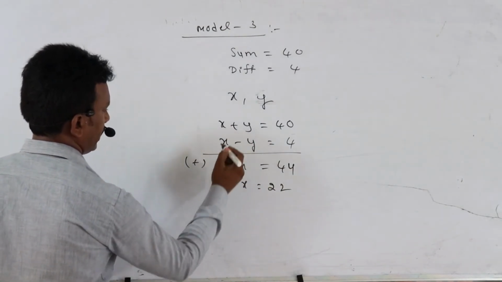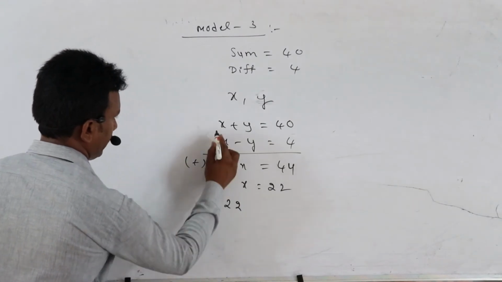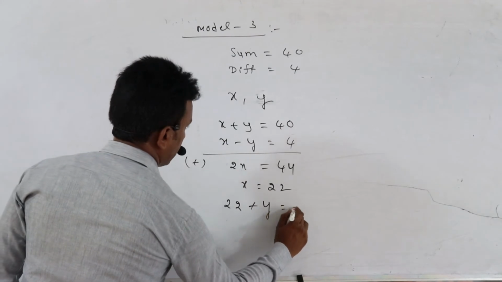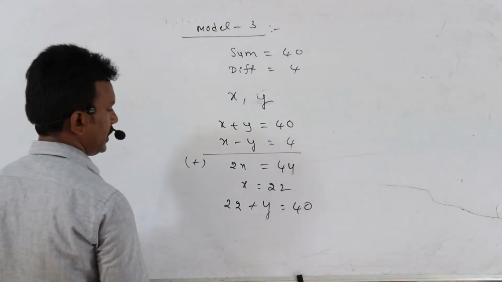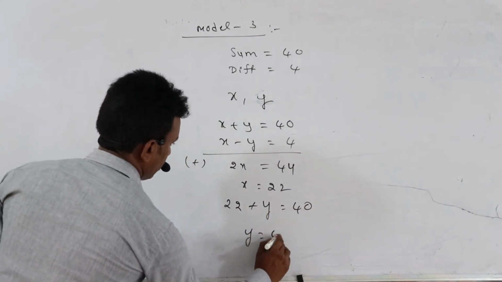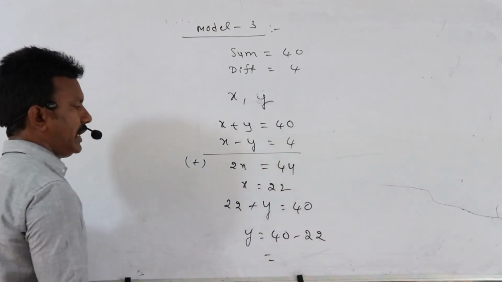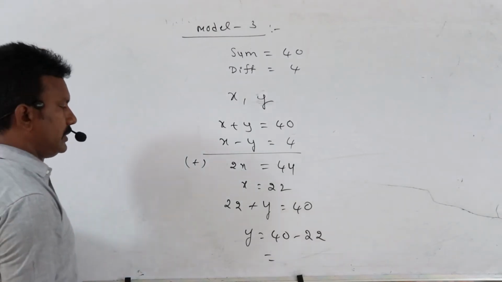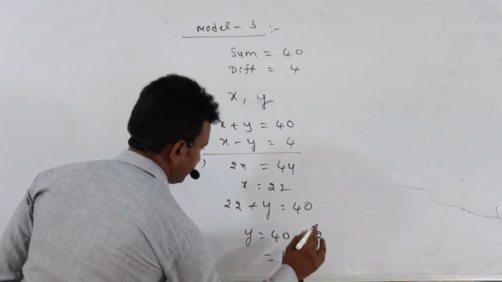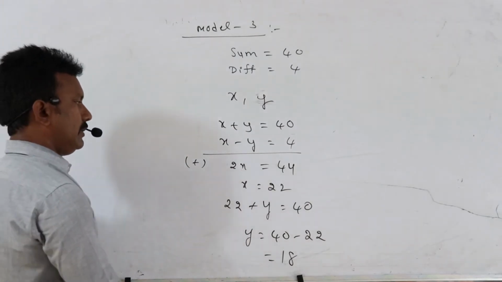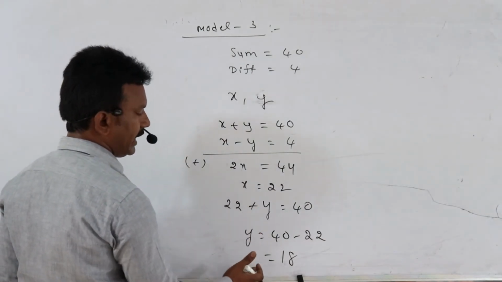Next, we find y. From equation 1, 22 plus y is equal to 40. So y is equal to 40 minus 22. The answer is 18. So we find x and y separately.